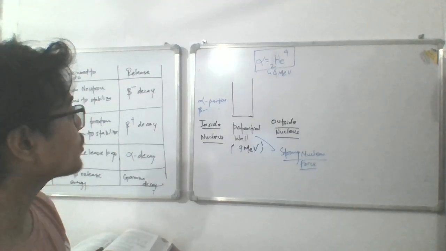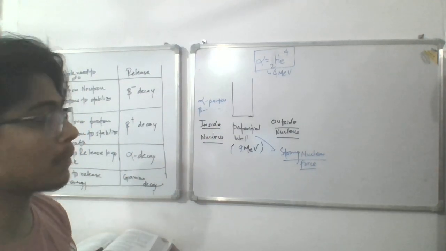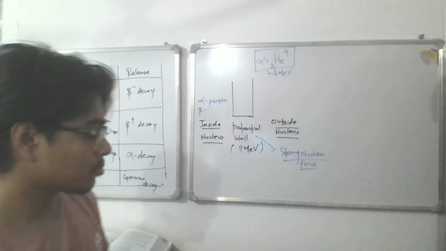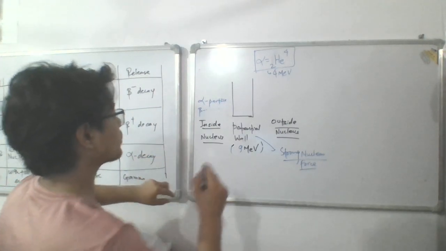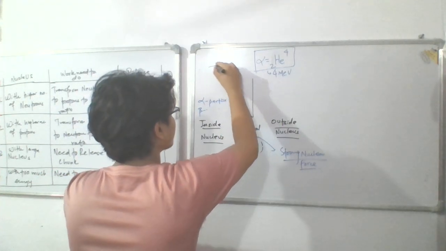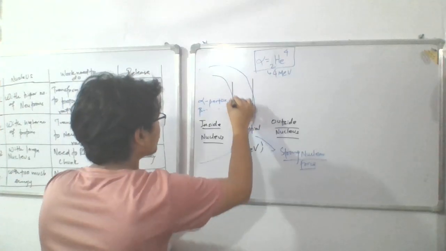Now this figure wants to depict the nucleus and the nuclear boundary. You can think of this as the inside of the nucleus, and even inside the nucleus we have two layers.